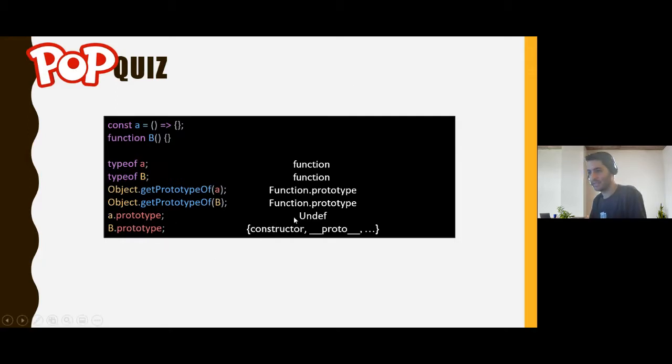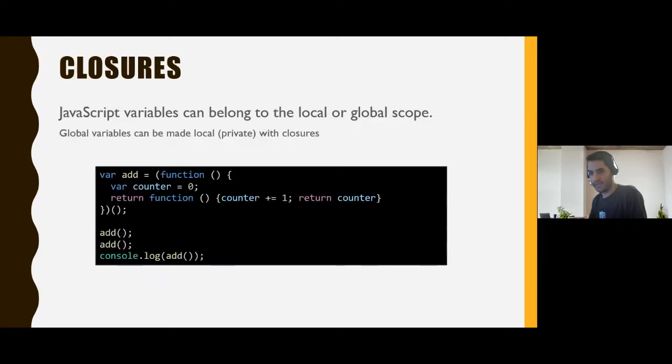All right, so this is also another difference between arrow function and regular function. And I think we are at the last subject we have for today, which is closure.